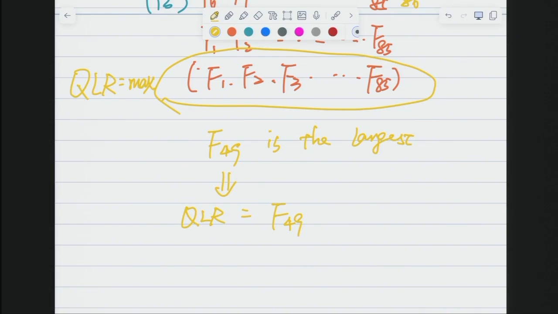So in the statistical table that I've uploaded for this term, at the very end, you'll see a table called Table 14.5. The title is Critical Values of the QLR Statistic with 15% Trimming. This is the table that you should consult for critical values when you're doing the QLR test, okay?